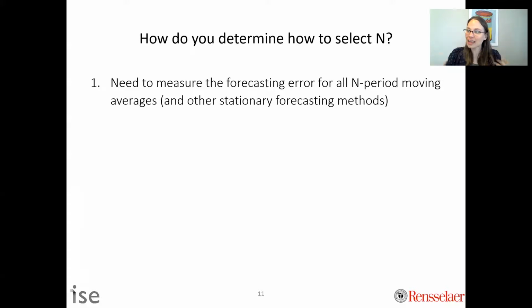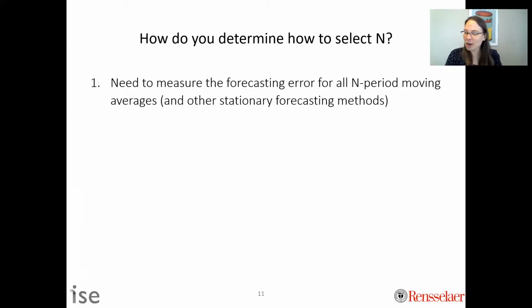So you'd basically say, all these forecasting methods that are appropriate for this data set, let's compete. I want you 2-period moving average and you 3-period moving average, and maybe simple exponential smoothing, you're also an appropriate stationary method. Come to my competition. And so what is that competition?